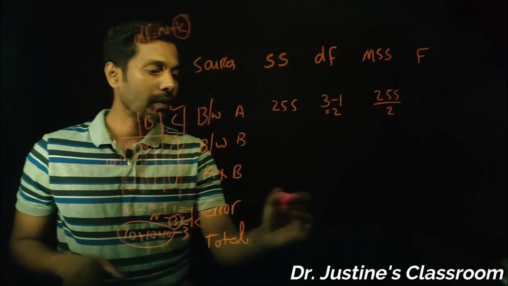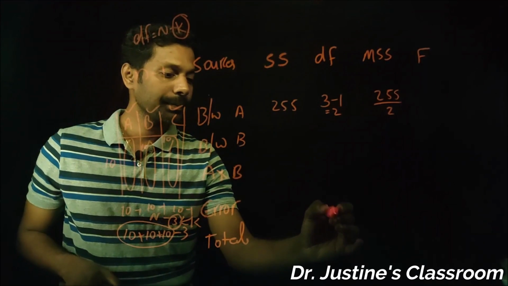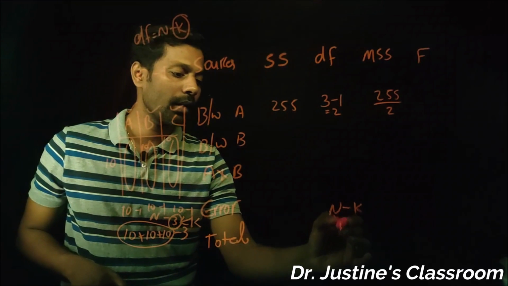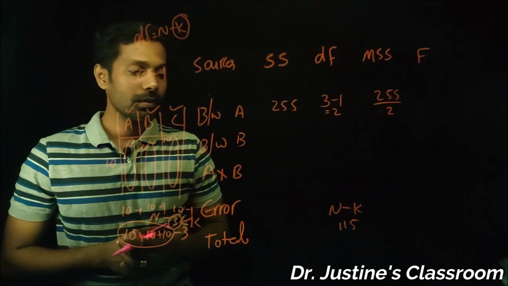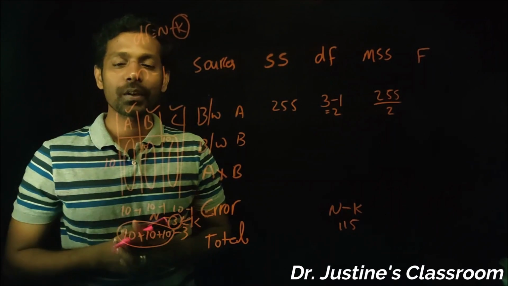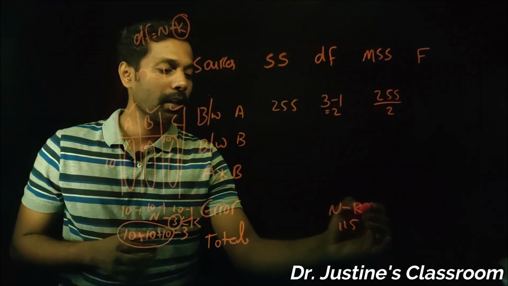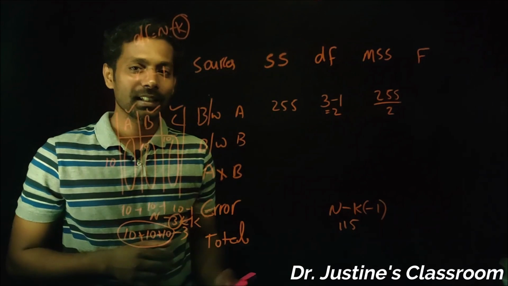Now, the error variance of a two-way ANOVA should be n minus k, and this score is 115, the score that is given to us. Now, there's a small twist in this context. We are using ANCOVA. So in the process of ANCOVA, the degree of freedom of error variance will be reduced by one.